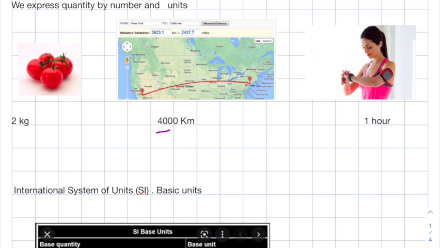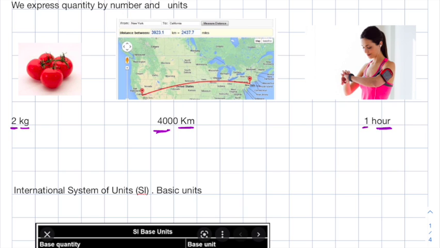We express different kinds of measurement in our daily life. For example, you can say I brought 2 kg of tomato from the market, I travel 4,000 kilometers from Los Angeles to New York, and I work for 1 hour.